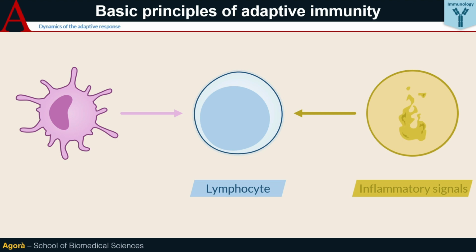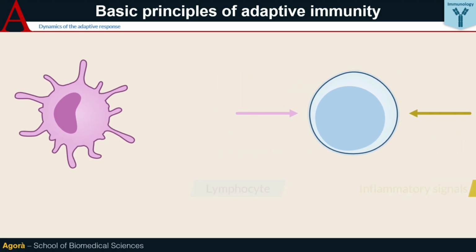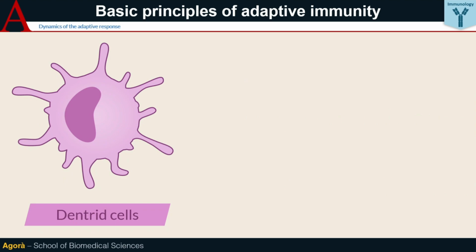Bearing these things in mind, the inflammation resulting from an infection leads to the activation of the dendritic cells located in the affected tissue, among other cells.